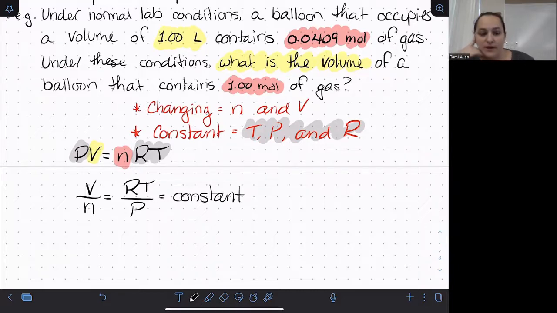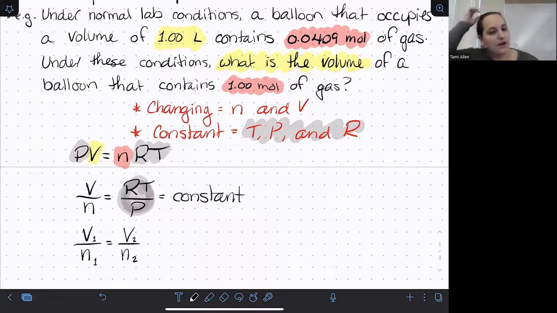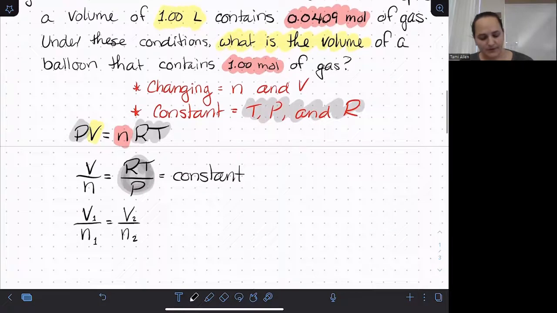And since everything on the right here is constant, this is telling us that V divided by N is constant, or that V divided by N for some initial point in time will be equal to V divided by N for some second later point in time. And we can now pull out from our problem each of these variables.